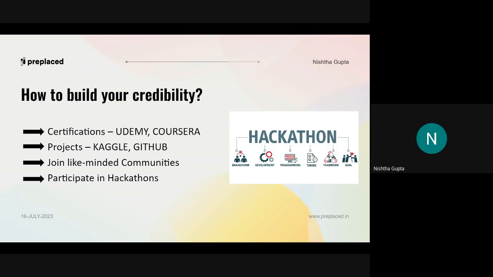If you are currently in college, you can participate in those hackathons where you brainstorm on your problem statement, develop the solutions, and do some coding in a shorter span of time, which can showcase your teamwork as well as your hands-on experience, right? So it will be very useful when you are sitting for the interview, because you will have something to rely on. So these four are the pointers where you can start building your credibility after learning all of your technical skills, right?